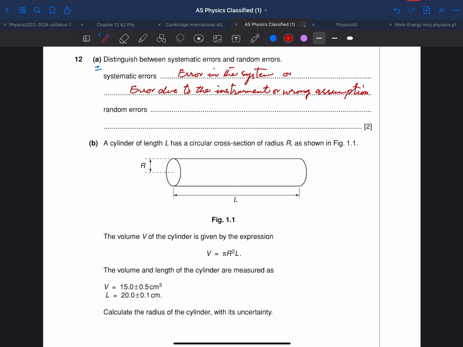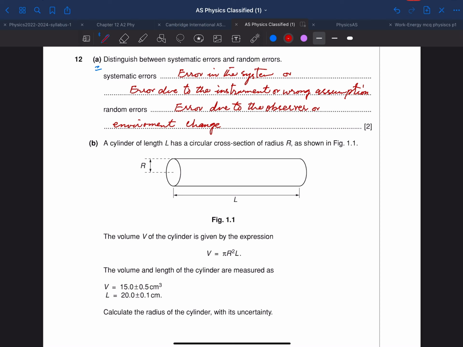Random errors, you can say, are the errors which do not have fixed values, or the errors due to the observer, or you can say the environment change, but I think error due to observer is enough.